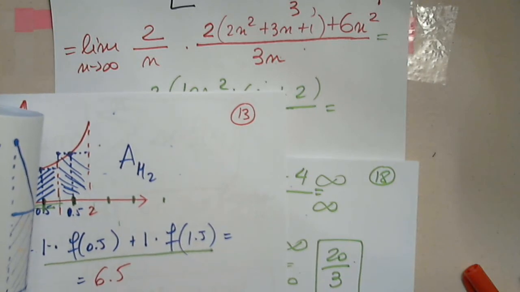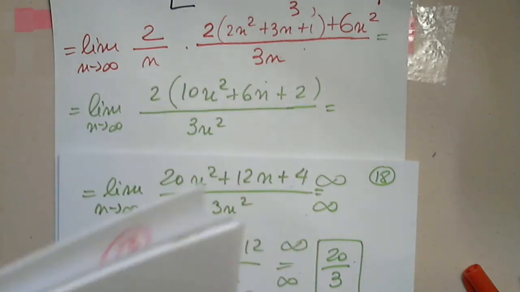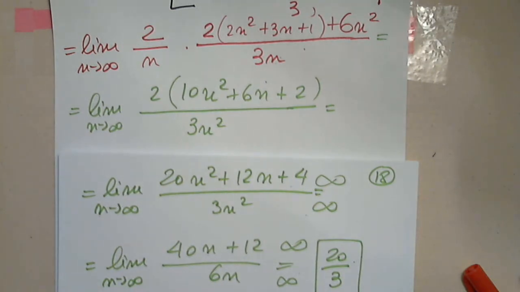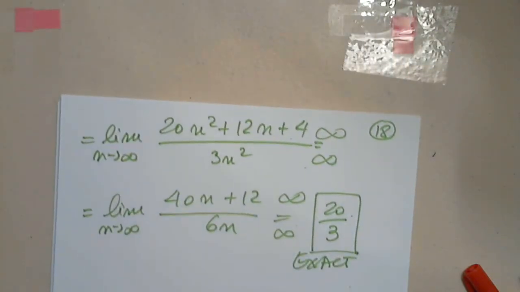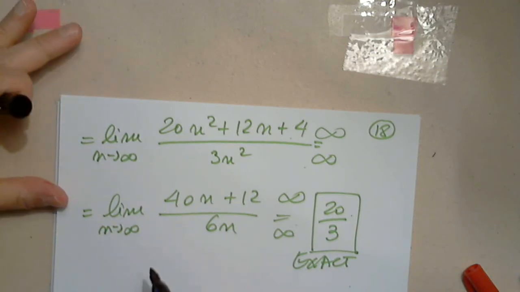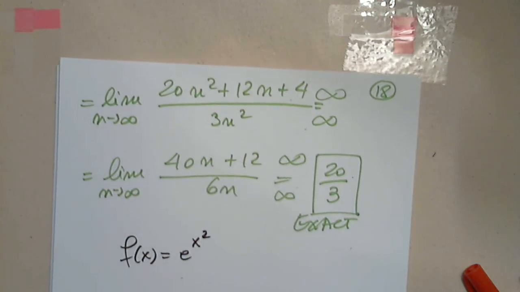You're going to see in Calc 2, you're going to approximate integrals, because you are not going to be able to determine the antiderivative for any function. I can give you, for example, a function that no one can find the antiderivative for. So for this function, no matter what you do, you're not going to find an antiderivative.